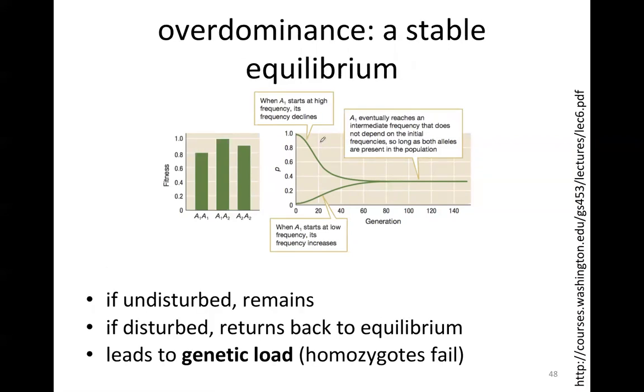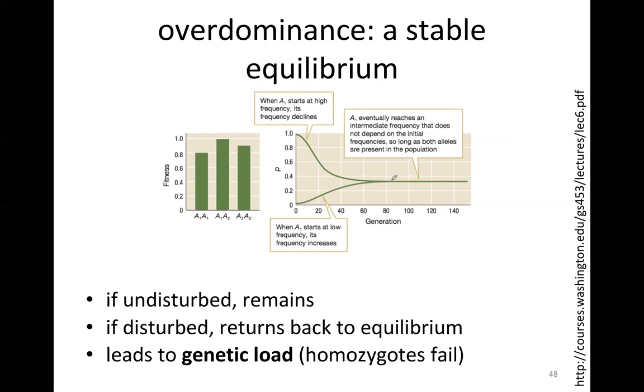Okay, so one important point to mark again: once the system reaches this state, if it remains undisturbed, it remains the same until infinity.